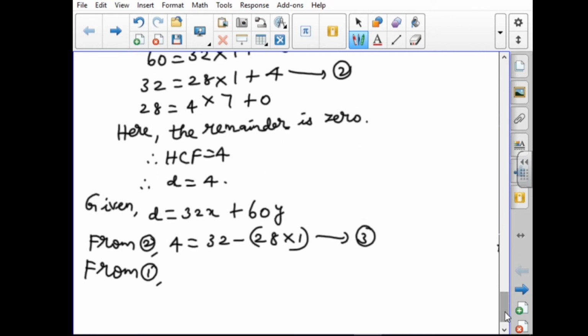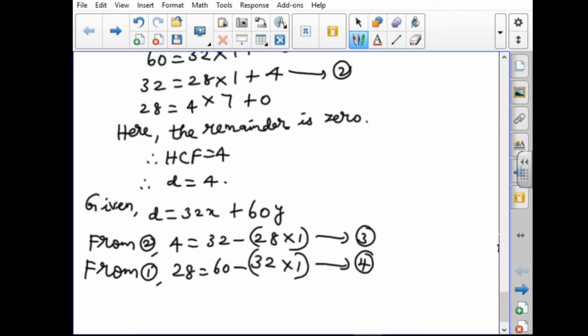So 28 equals 60 minus 32 into 1. This is equation number 4.